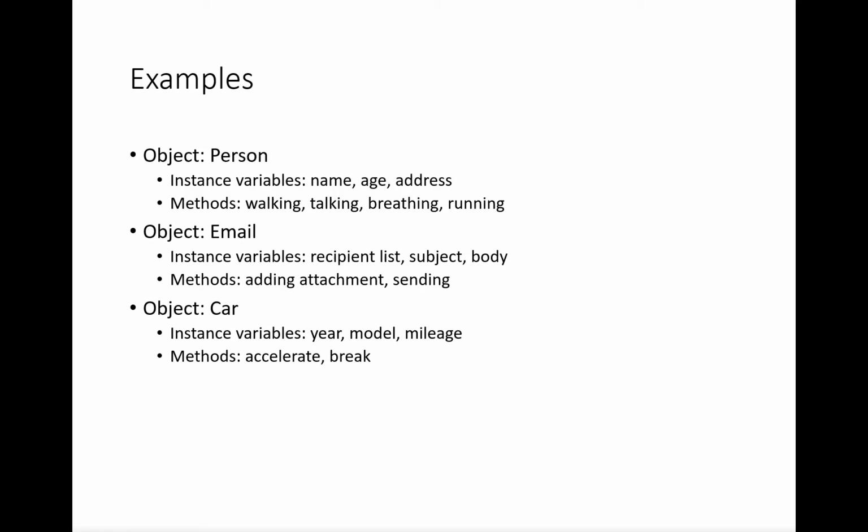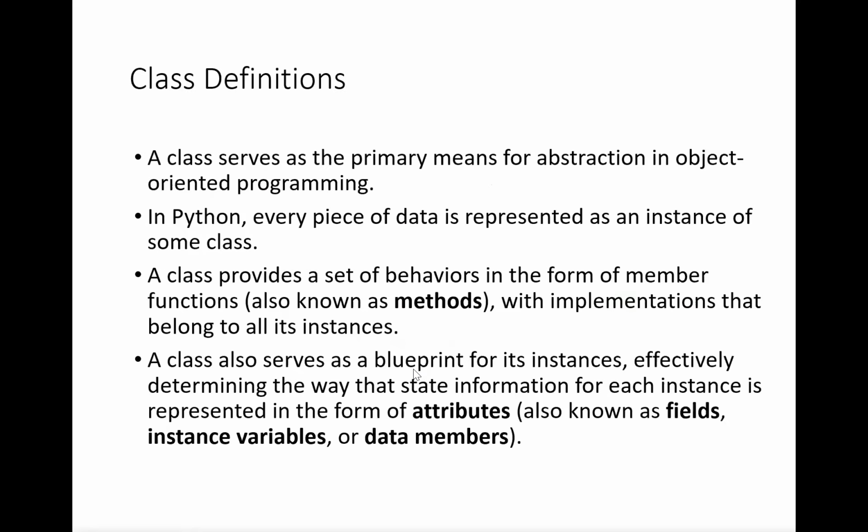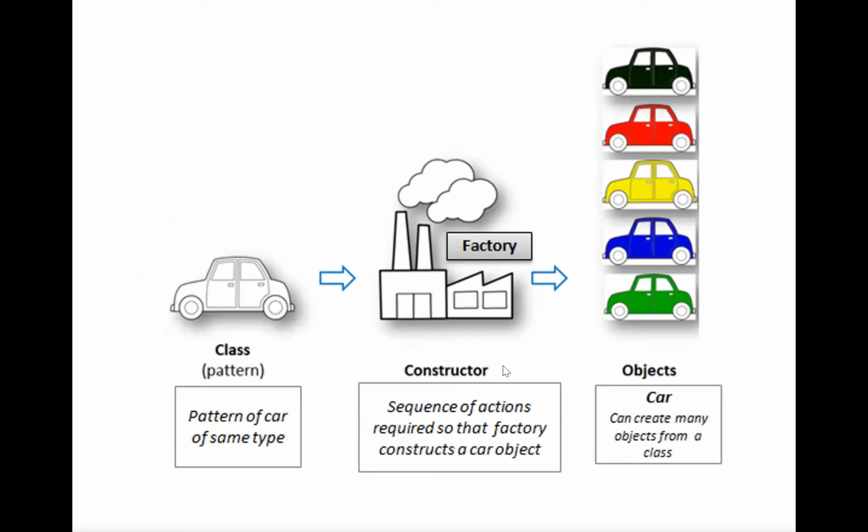Last one, we will have a car object. The variables are year, model, and mileage, and the method is accelerate. Some graphical representation shows the classes with actual objects.